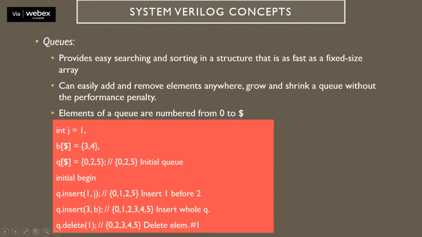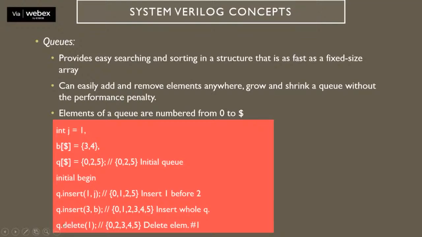Where 5 was there from the previous one, there you have to insert the array elements of B. So hence it is going to be 0, 1, 2, 3, 4 being inserted and then 5. So insert the whole Q. You are inserting the Q there, at the location that is mentioned here.